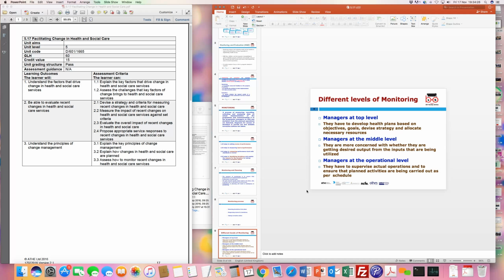They cannot eliminate the pilferage altogether, which is theft happening on the floor or whatever it is. They want to bring it down to a certain percentage of the overall turnover of that store. At the middle management level, the manager is more concerned with finding out where the pilferage is happening, why it is happening, and whether there are enough deliverables available to avoid that theft or pilferage happening within that store.